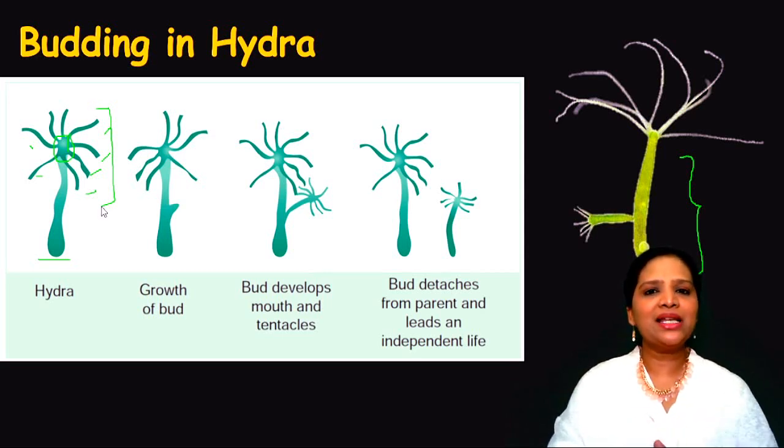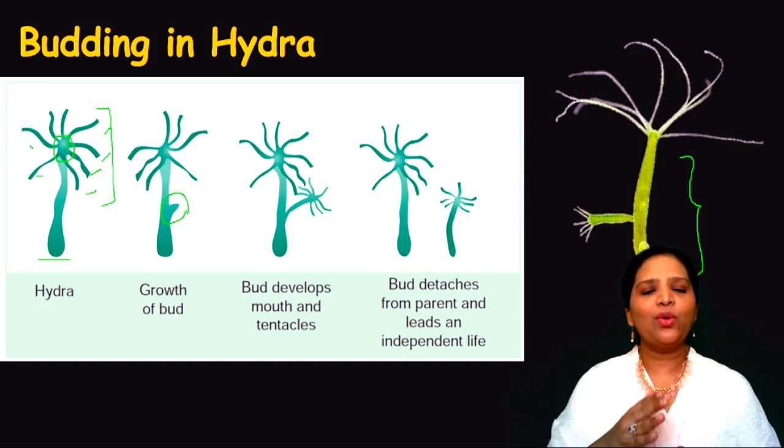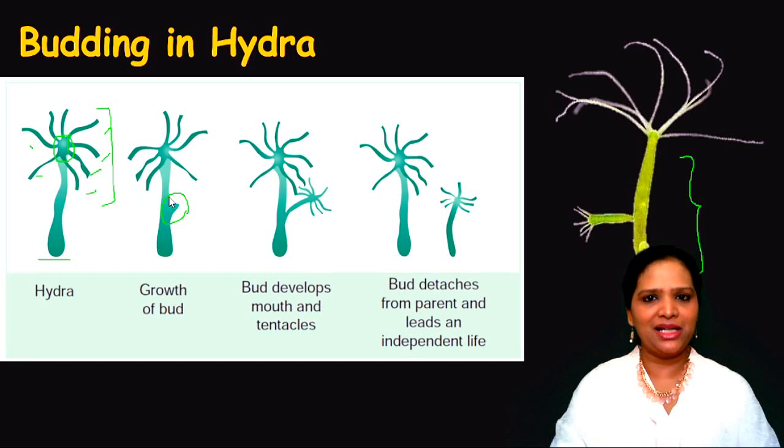So when this Hydra wants to reproduce asexually by means of budding, what happens? Same as in yeast, a bud is formed at one end. See here, this Hydra has two layers of cells. The outside layer is called ectoderm and the inside layer is called endoderm. First, the ectodermal layer, the outside layer of cells, bulges and forms a small bud.